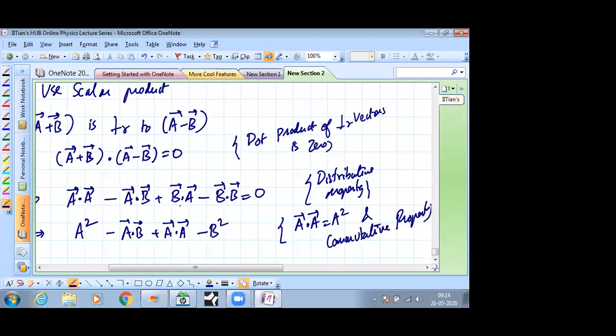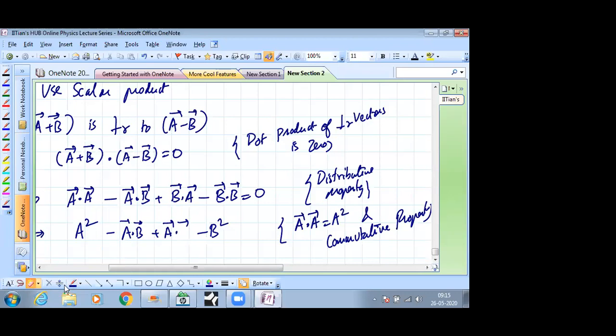Commutative property क्या है? That B dot A is equal to A dot B. So now this and this cancels.